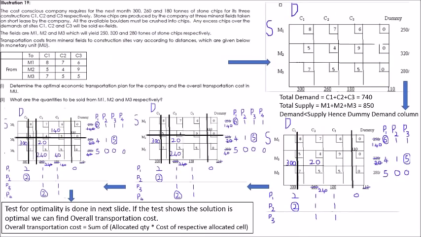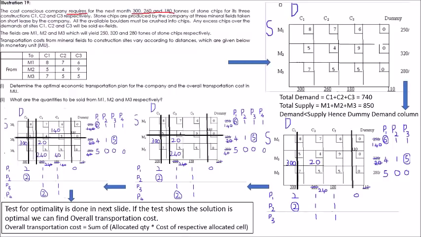So here this is a question which is given in your book guys. A cost conscious company needs 300, 260 and 180 tons of stone for the next month. So this is the demand. I am taking demand in my rows, so 300, 260 and 180.